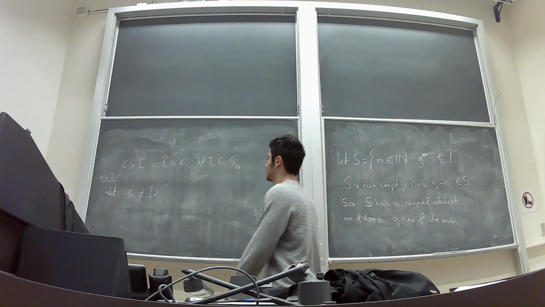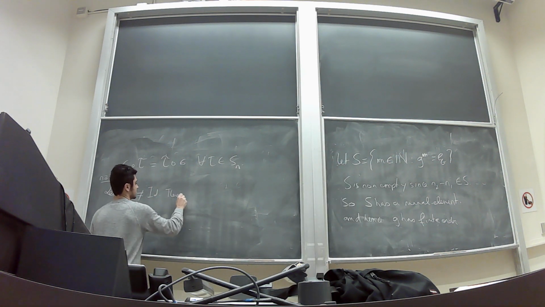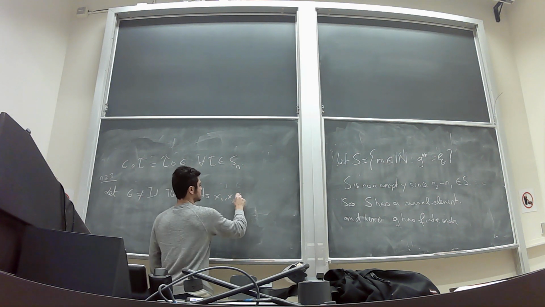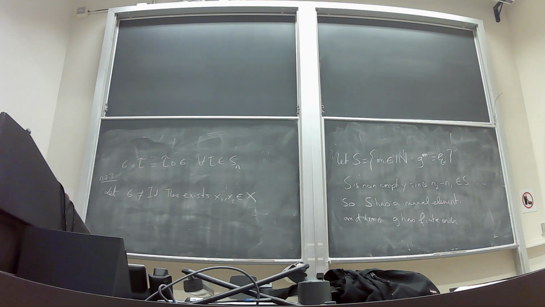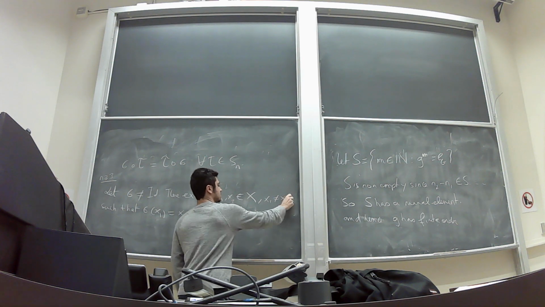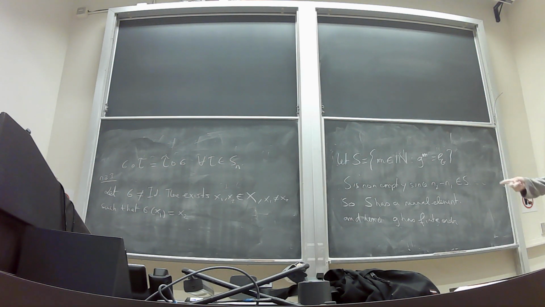So the idea is that if sigma is different than the identity, there exist x1 and x2 in X, where X is 1 up to n, such that sigma x1 is equal to x2 and x1 is different than x2. Agree?